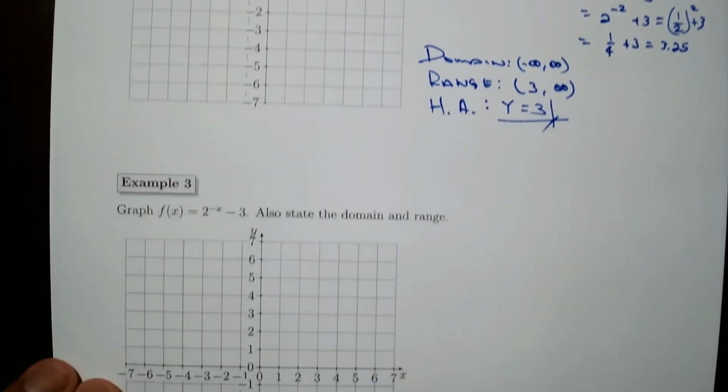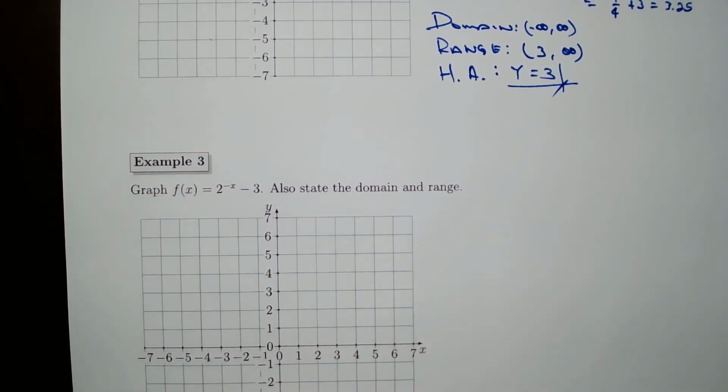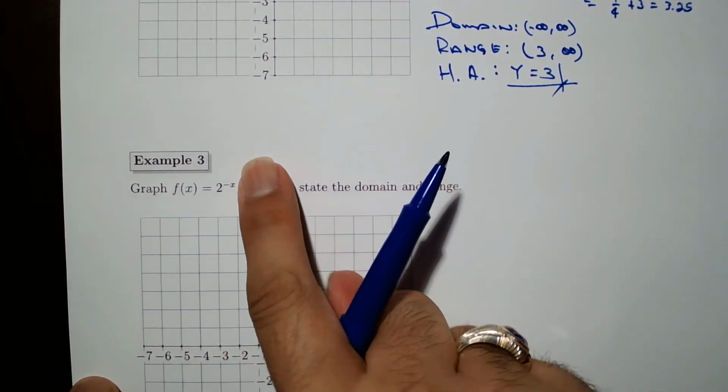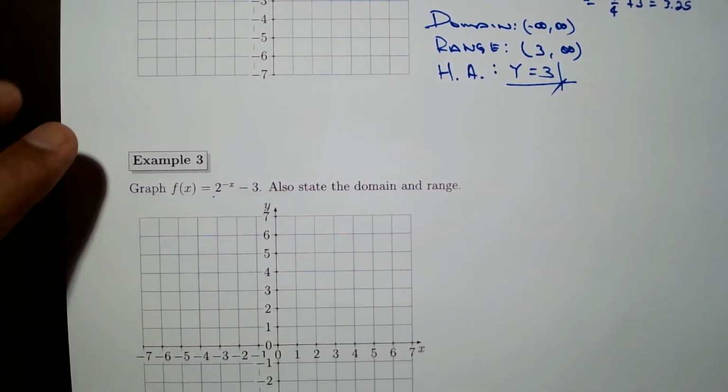Okay, let's do another example. Graph f of x equals 2 to the negative x minus 3. How do we graph now when we have some negative in the input? Well, first of all, let's pretend we don't have that negative 3 and we don't have that negative sign.